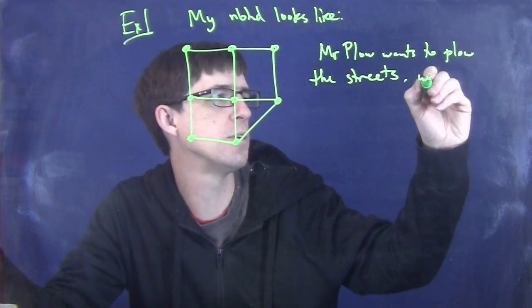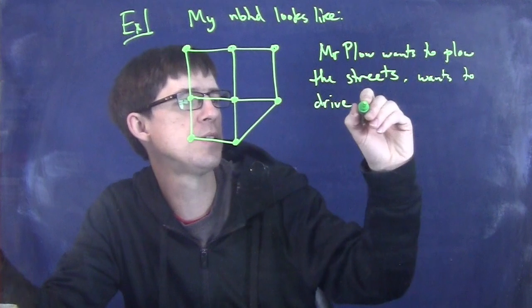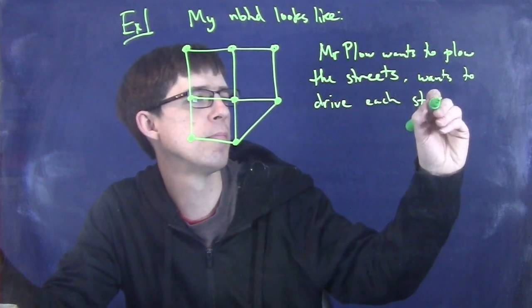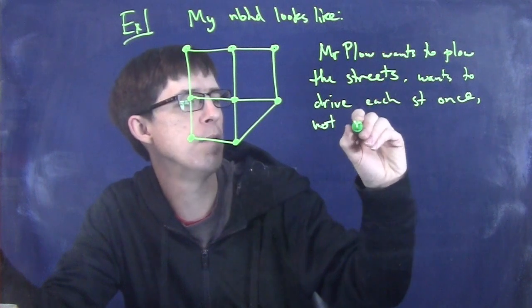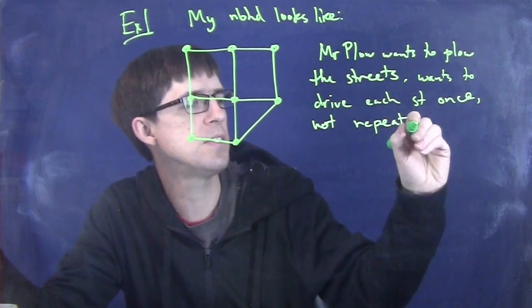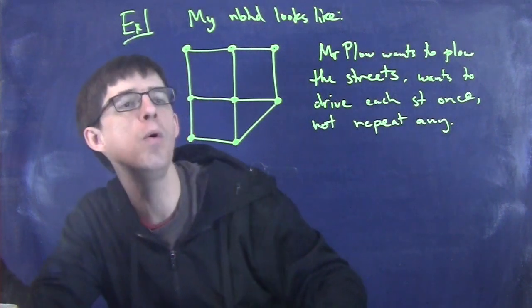So, he wants to drive each street once and not repeat any streets, because that's a waste of time, right? Is it possible on this graph? That's what I want to know.